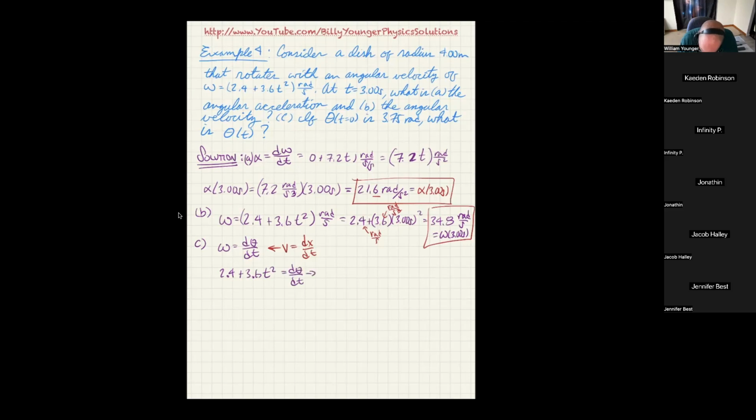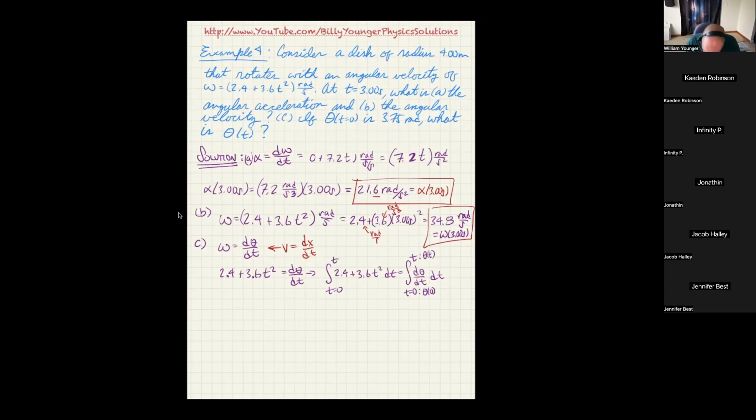If I multiply both sides by dt and integrate, I get the integral of 2.4 plus 3.6 t squared dt is equal to the integral of d theta, from t equals 0 to plain t. That corresponds to theta of t, and this corresponds to theta of 0, from t equals 0 to any time t later.